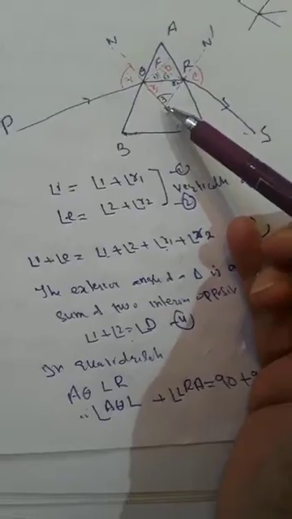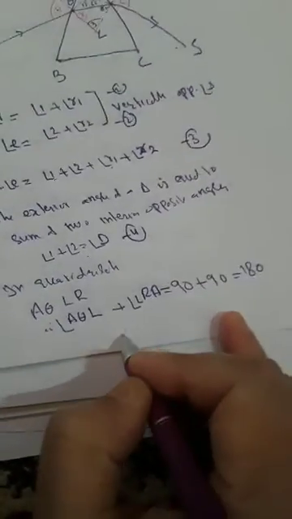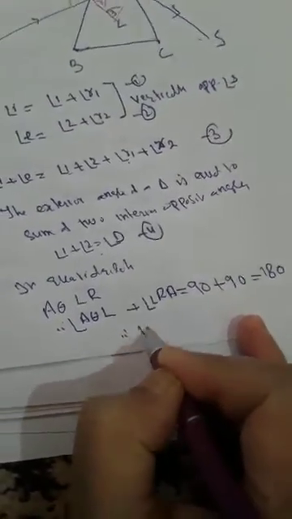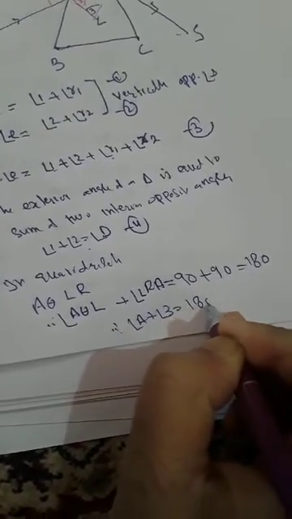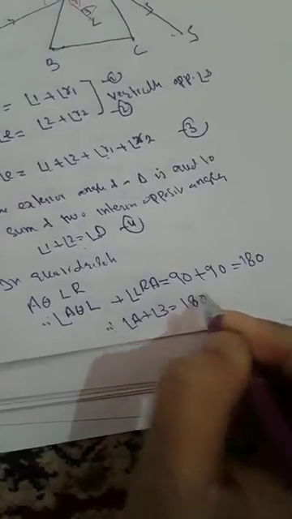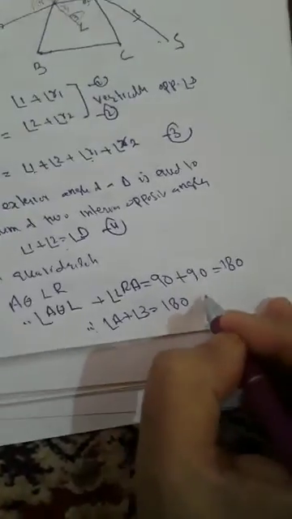But we know that the sum of angles of a quadrilateral is equal to 360. Therefore, angle A plus angle 3 is also equal to 180 degrees.